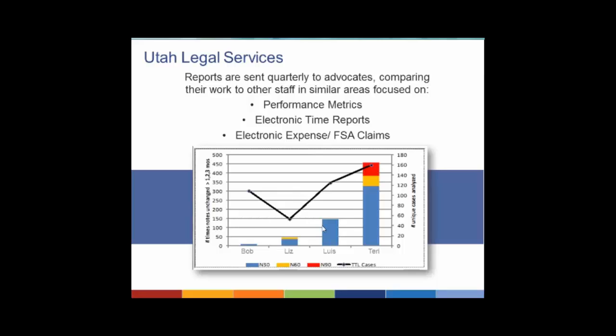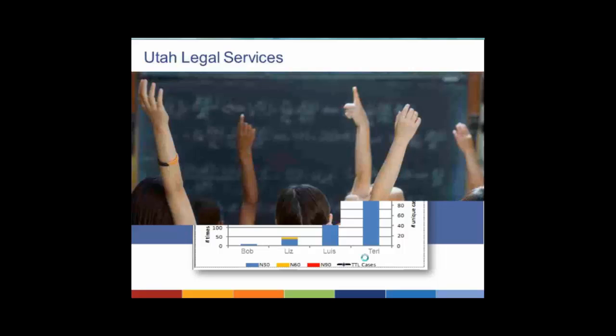So this is something to use to say, hey, Terry, what's the deal here? Bob doesn't seem to have any trouble updating his case notes. So a much more operational lens on things. Again, these have been built on top of Kemp with help from the vendor.